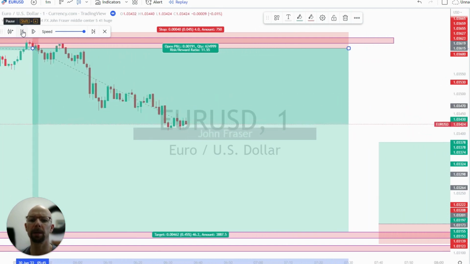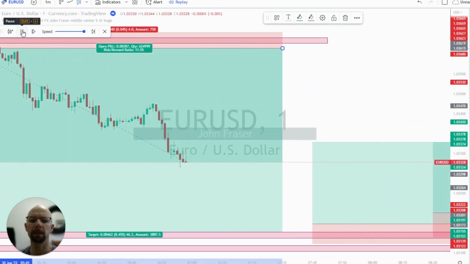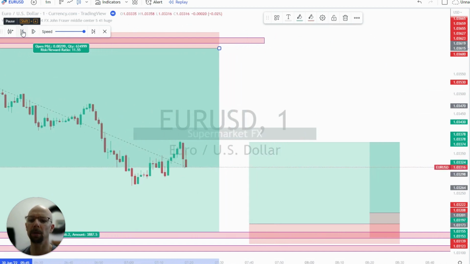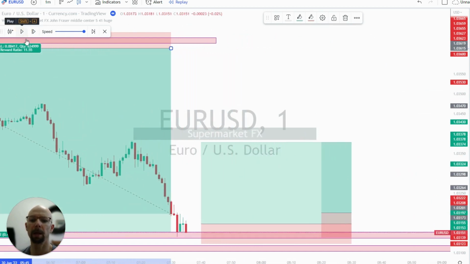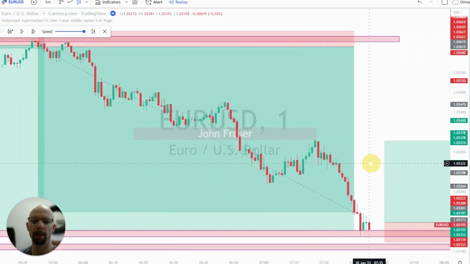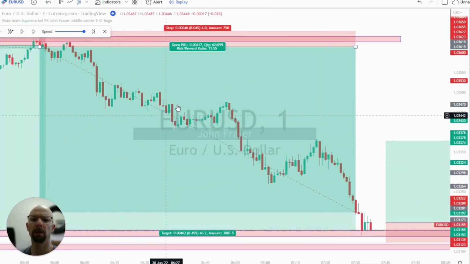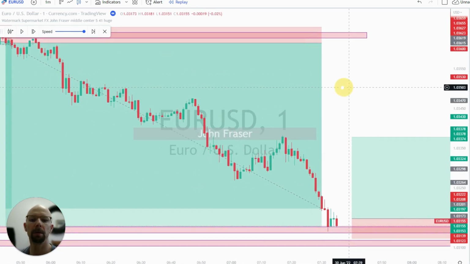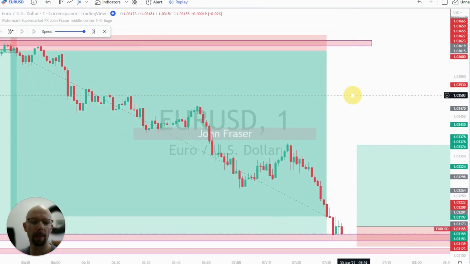And then we see how this goes. It didn't come back and stop out. Keeps going, hits the trade. So this was pretty good. This was a 1 to 11 and a half risk reward. So phenomenal trade.